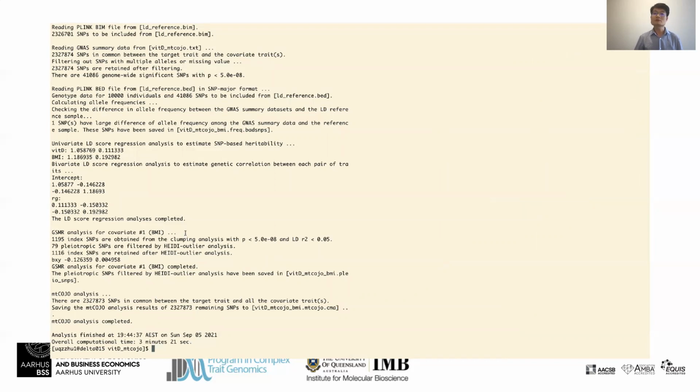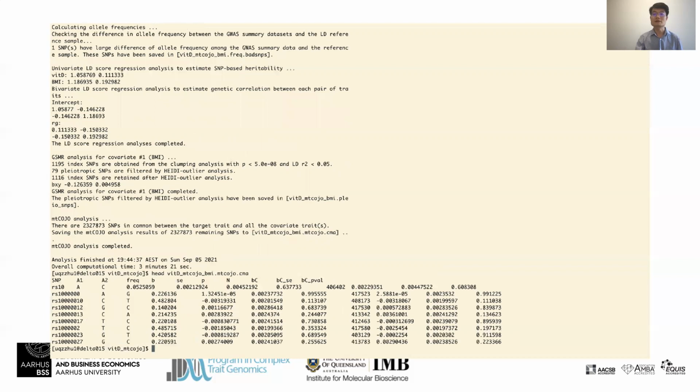The MT-Kojo analysis uses the causal effect of BMI on vitamin D. The estimated causal effect is free of bias. Therefore, it is less likely that MT-Kojo caused a spurious conditional GWAS hit. Let's have a look at the MT-Kojo result.